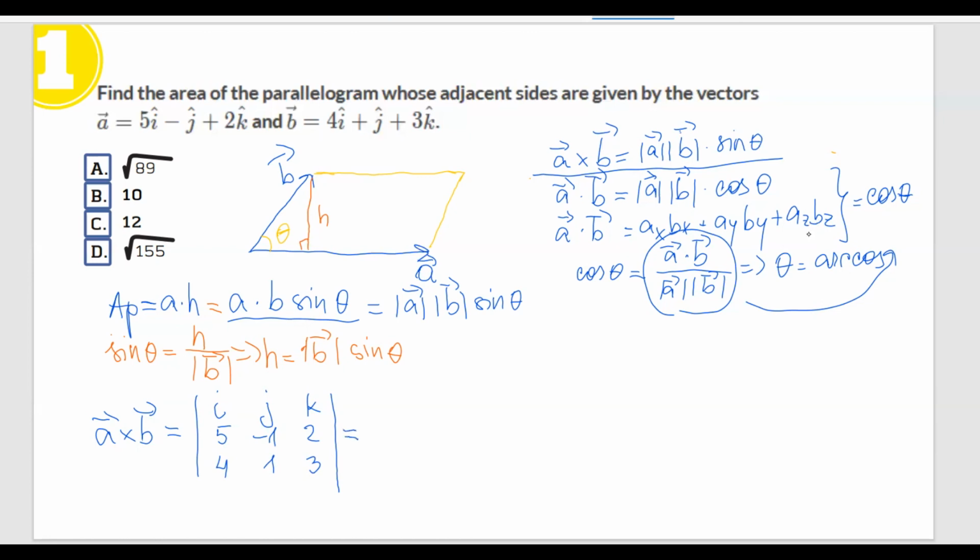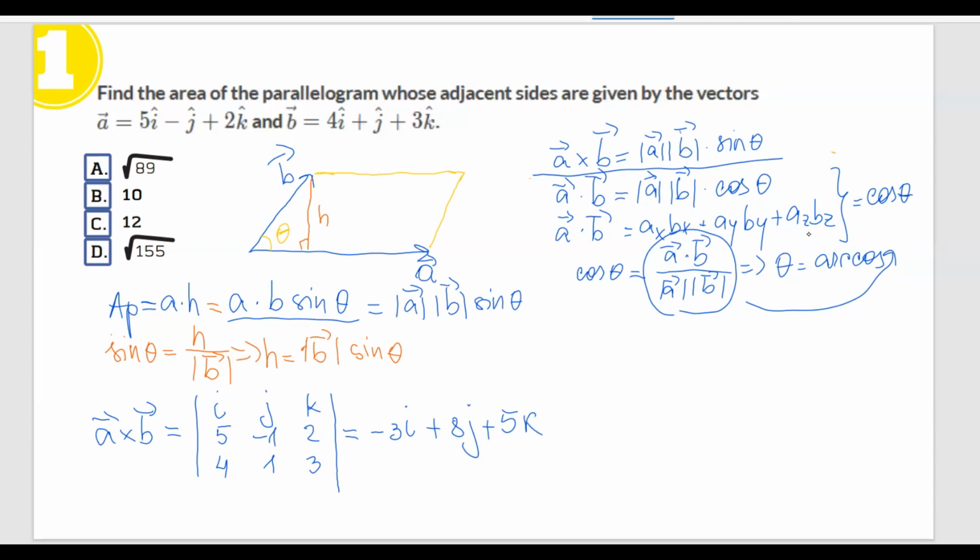And here, let's just calculate the determinant. There are a few ways you can calculate the determinant. You use the way that you know it best. I'll use this way, where I just take the diagonal and I get minus 3i, and then I go this way and I get plus 8j, and then this triangle here plus 5k.